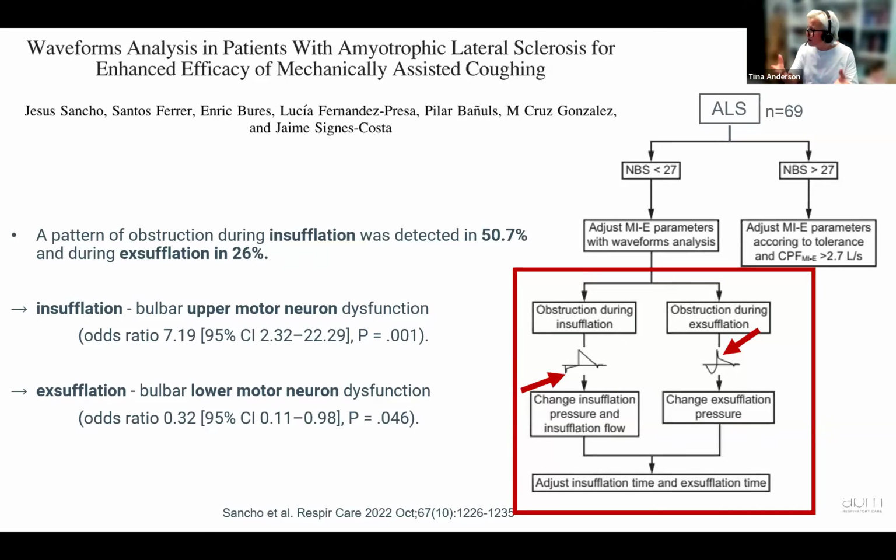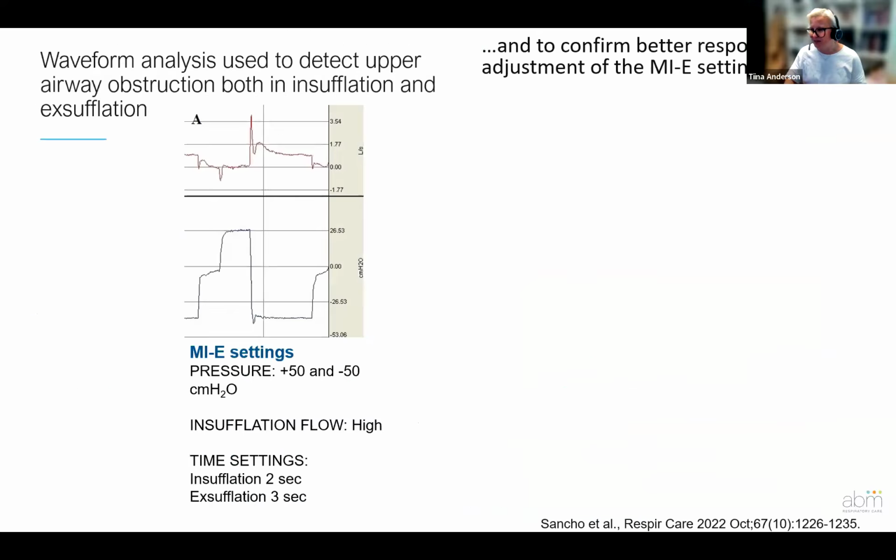But those of us working with ALS know that these patients often have mixed conditions, so both upper and lower motor neuron dysfunction. So it's not that black and white. But this study has again helped us a lot to understand how to optimize the MIE treatment for these patients.